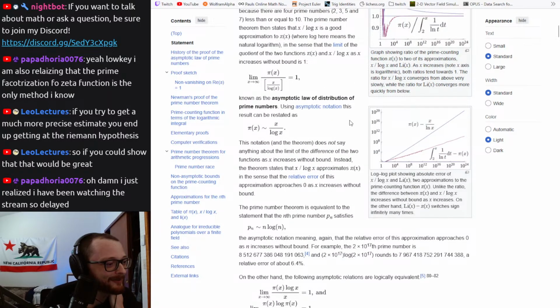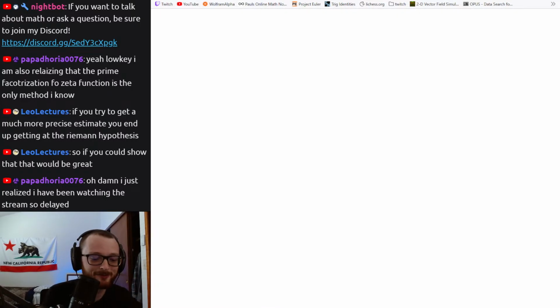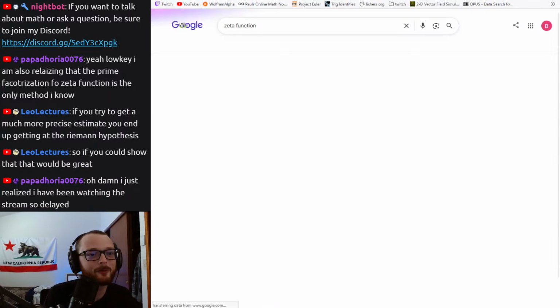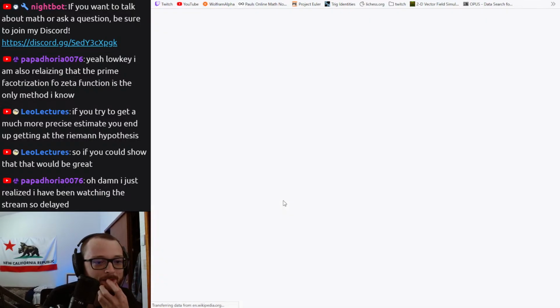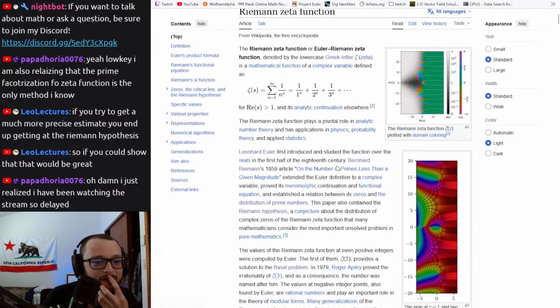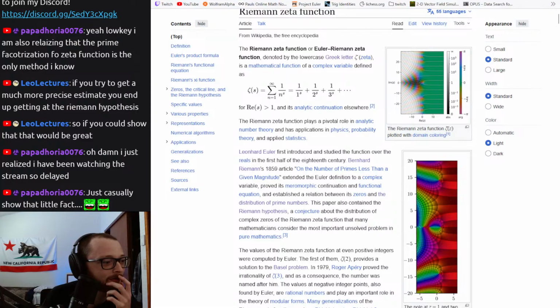Okay, so what's the prime factorization? Let's just look at the page for the zeta function. I assume it'll be on there. Wait, is this? No, this is still not it. Okay, this is the Riemann zeta function for a complex number s.